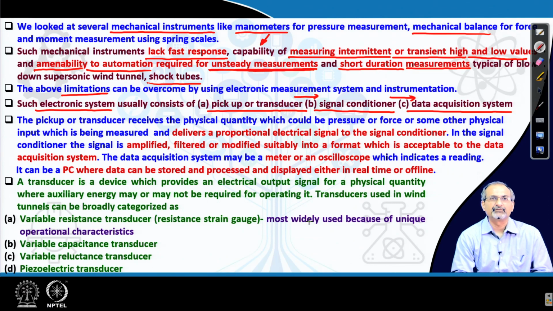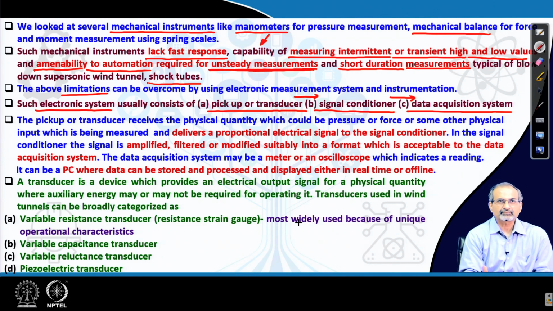It may be strain, for example, mechanical strain on a particular model, which is being measured. And what does the transducer deliver? It delivers a proportional electrical signal to the signal conditioner. This is the job of the transducer. This is the number one component in the entire chain.